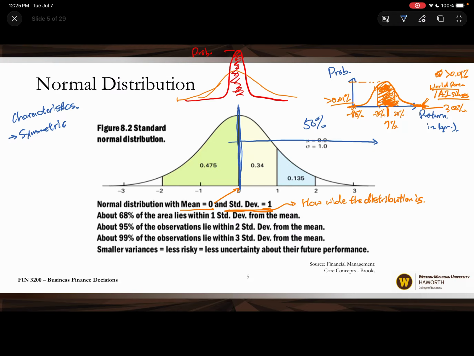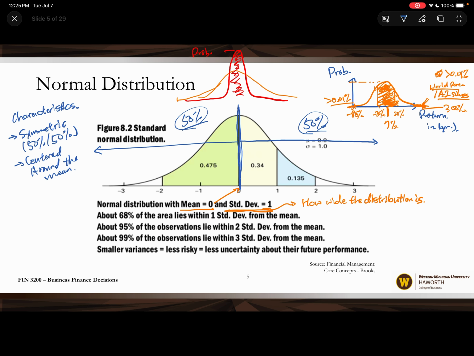The probability that you observe an outcome to the left of the mean is also 50%. So they're symmetric and they add up to 100%. That's the key: 50% on each side, centered around the mean.